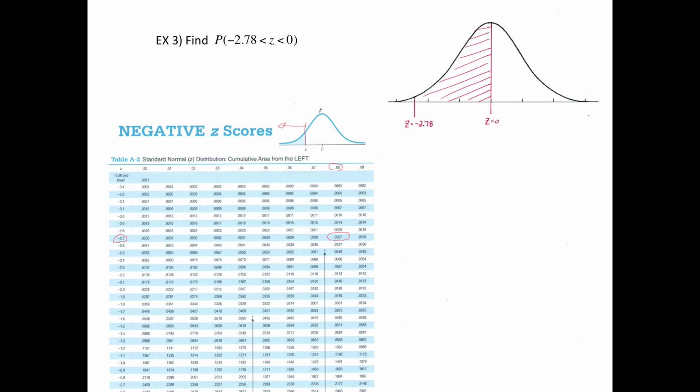But we actually want from the middle over to here. If it's the middle, then that would be 50%. So this is about 50%, but take off this little tail. So 50% minus the 0.0027, a little bit less than 50%, 49.7%.